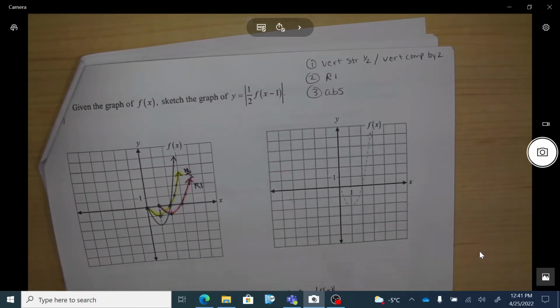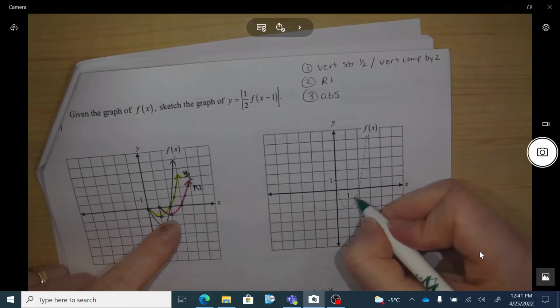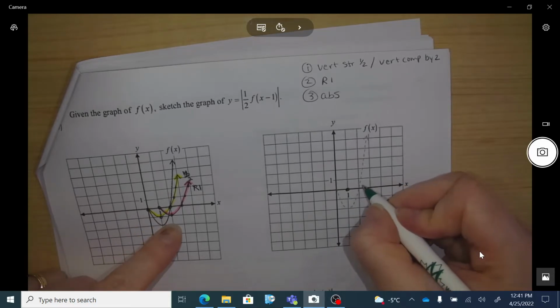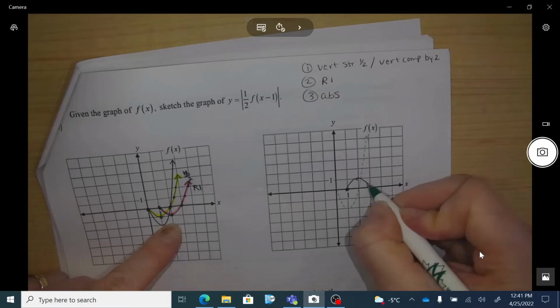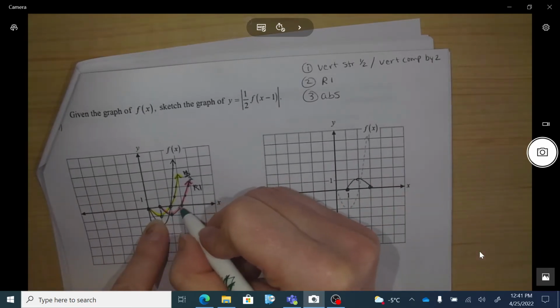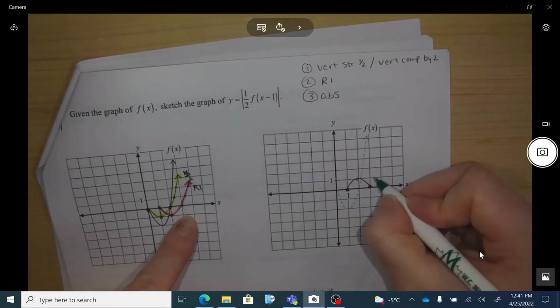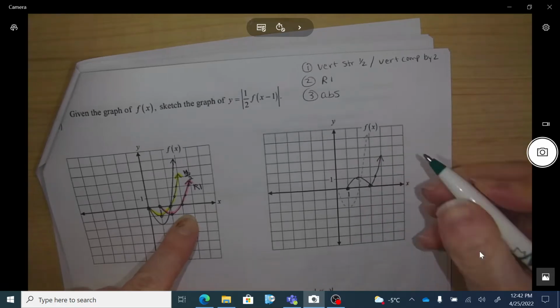Now I'm going to absolute. So this part will reflect. So that would stay, that should go up. And then this coordinate should stay. So that would be the shape at the end.